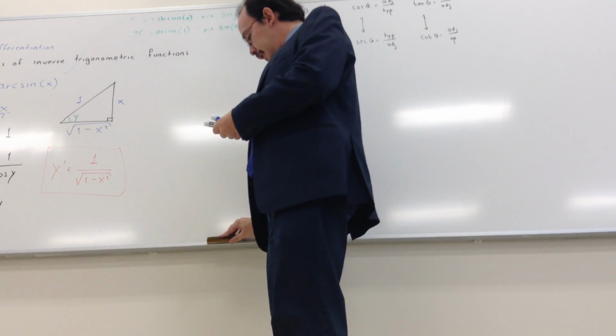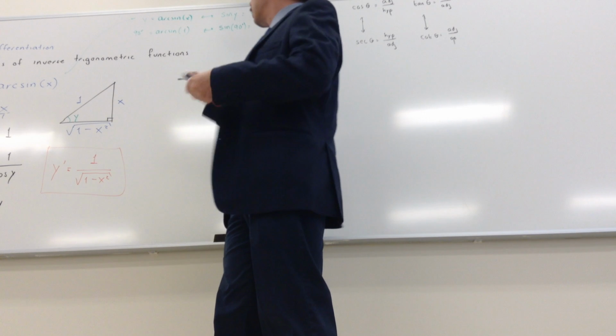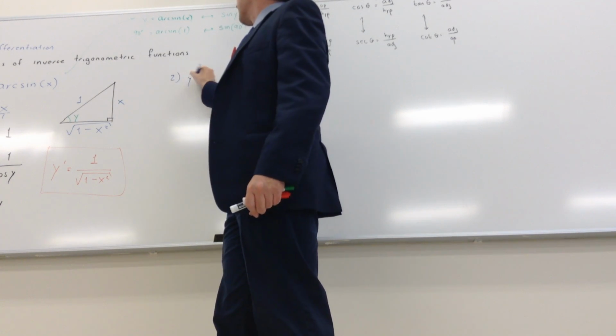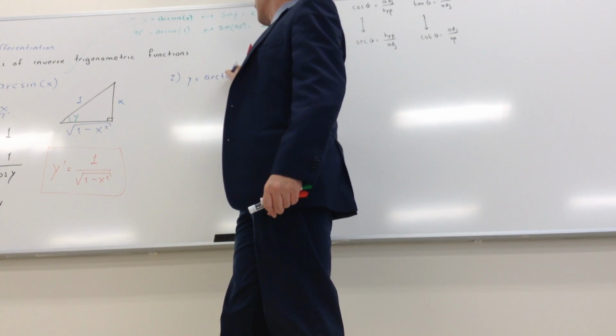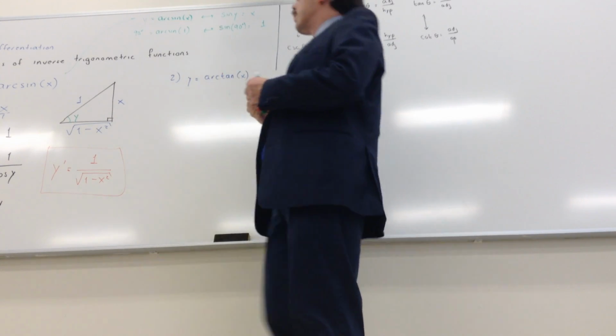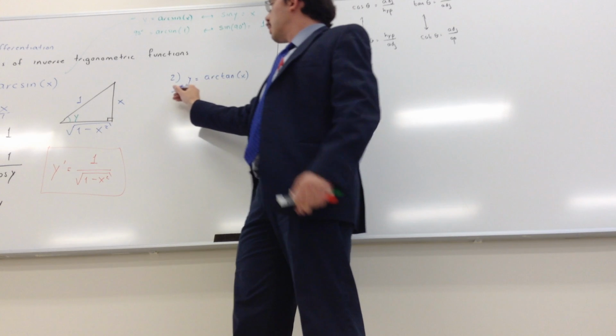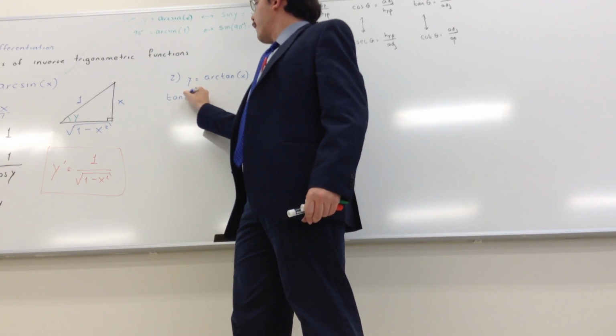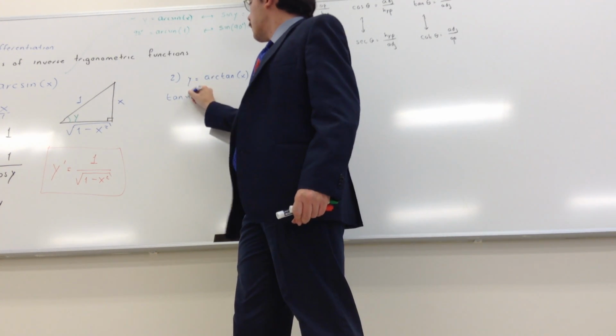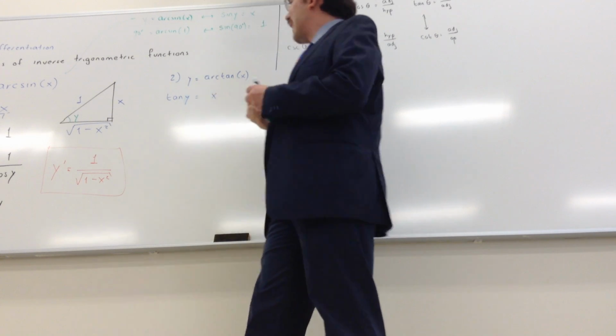The next one is the arcsecant. No, arctangent. Arctangent of x. What do I do? Same procedure. First, I change it into tangent of y equal to x. And then the derivative.